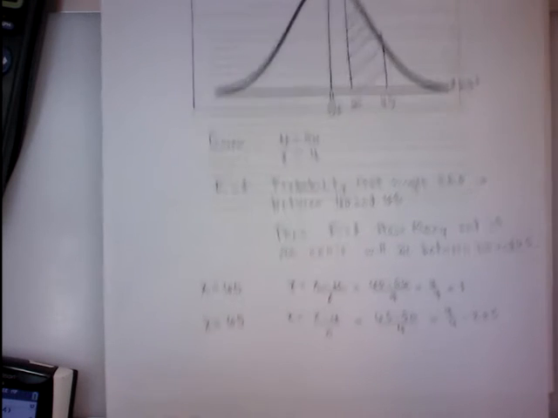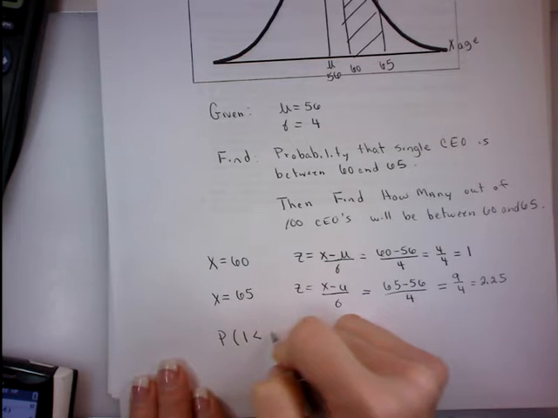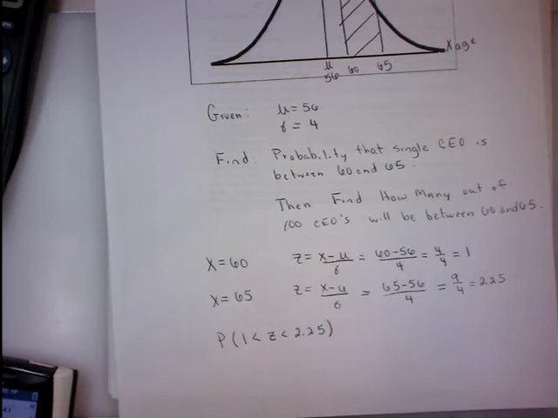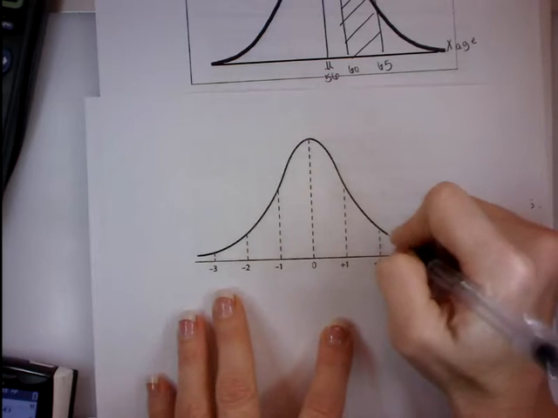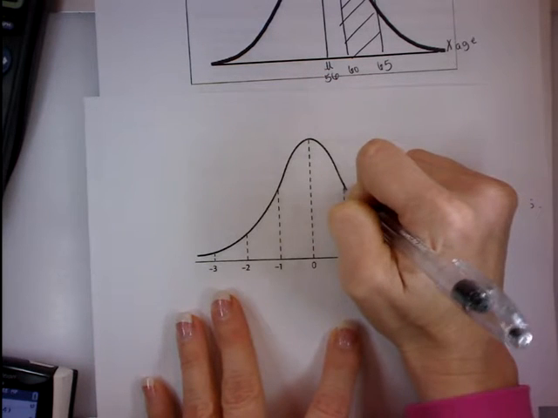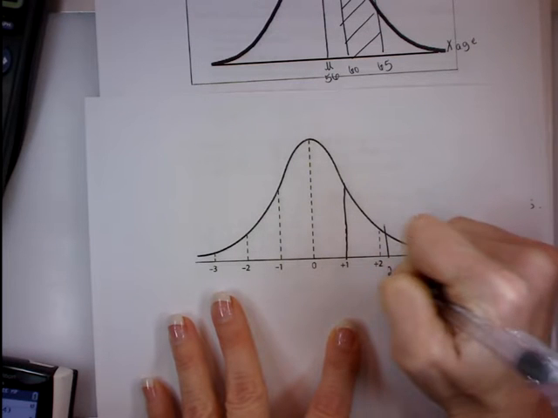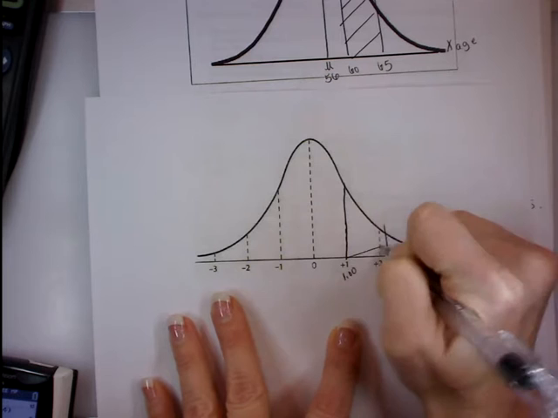So we really want to find the probability that a z is between 1 and 2.25. So let me go to the standard normal distribution. Here is 1 exactly, and here's 2.25. And I want to shade between.